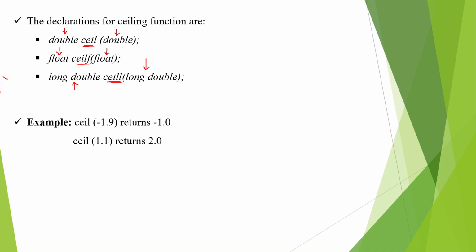It is returning minus 1.0, as you can see here. Minus 1.9 you are giving and it is returning minus 1.0. Then if you give 1.1, it is returning 2.0. Why it returns minus 1.0 and why it returns 2, we have discussed in our previous slide.